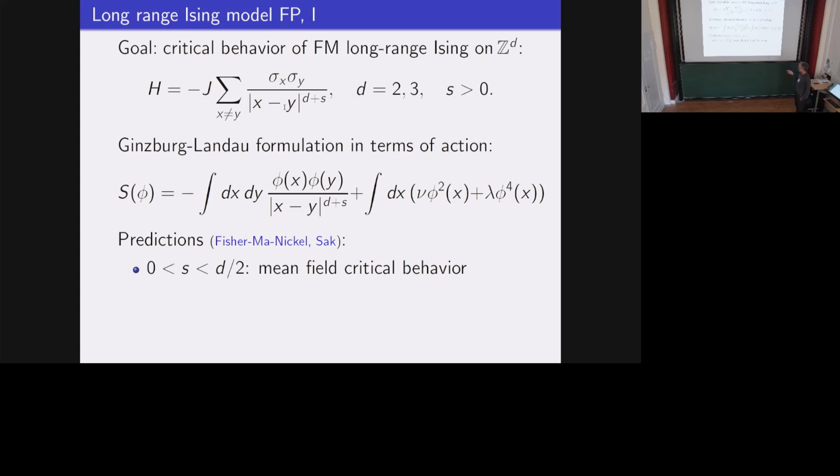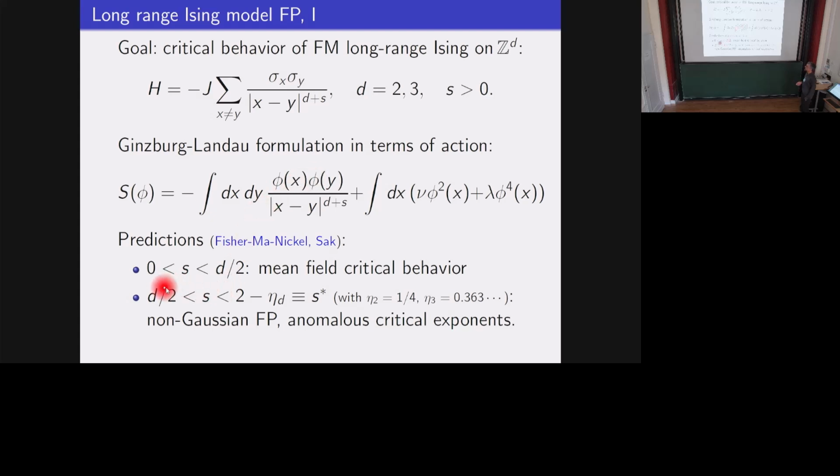So what is believed on the basis of heuristic analysis is that for any positive S there is a critical point and there is a scale limit, and the nature of the scale limit is different depending on the value of S. So if S is not too large, the critical behavior is expected to be the same as the reference mean field model, which is the Gaussian model in which you only retain this part here.